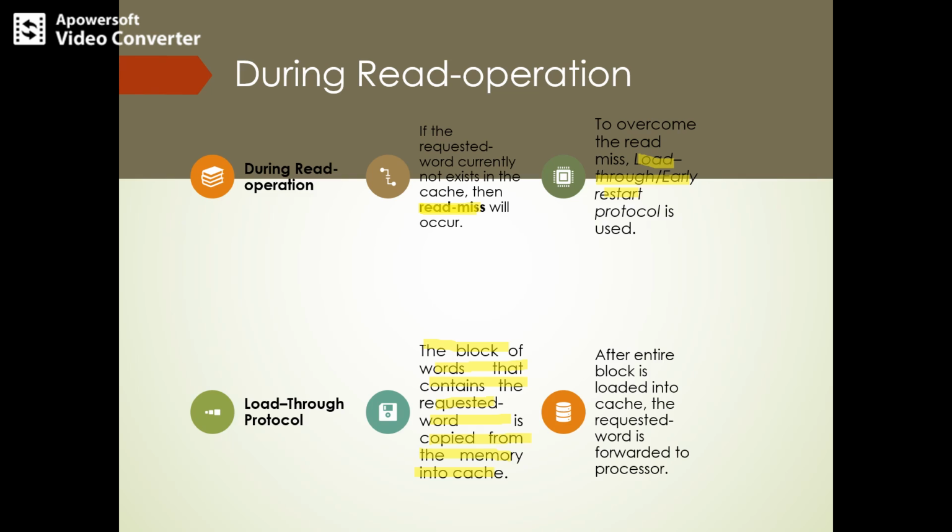The block of words that contains the requested information will be copied from the main memory into the cache. After the entire block is loaded into the cache, then only the requested word is forwarded to the processor. So this is how we can avoid read miss in the cache.